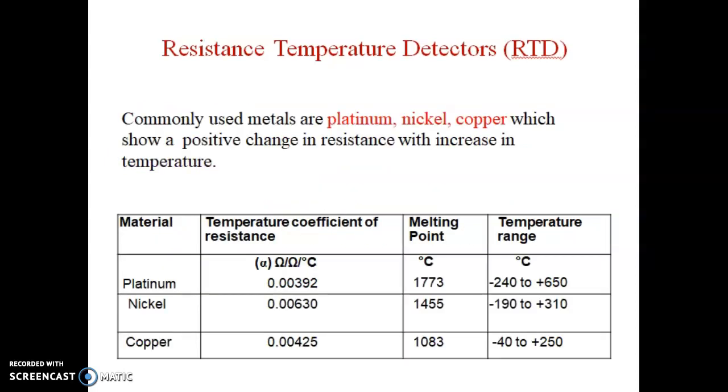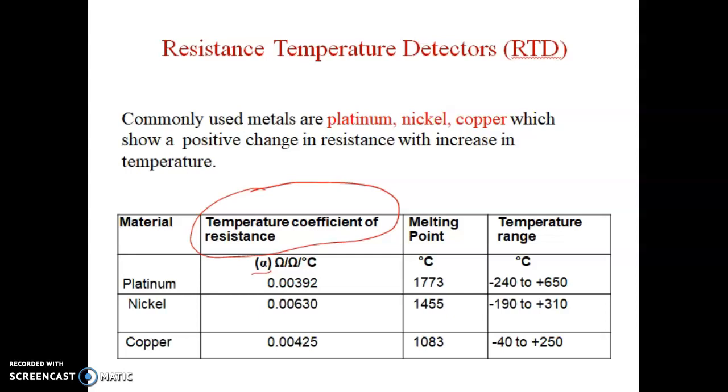The commonly used resistance materials are platinum, nickel and copper. The important property which enables these materials is its temperature coefficient of resistance, alpha. The unit of alpha is ohm per degree Celsius.